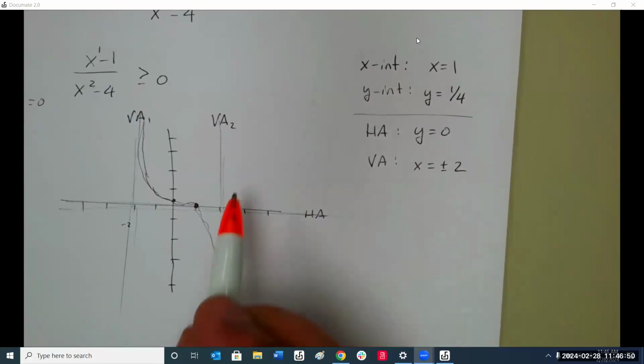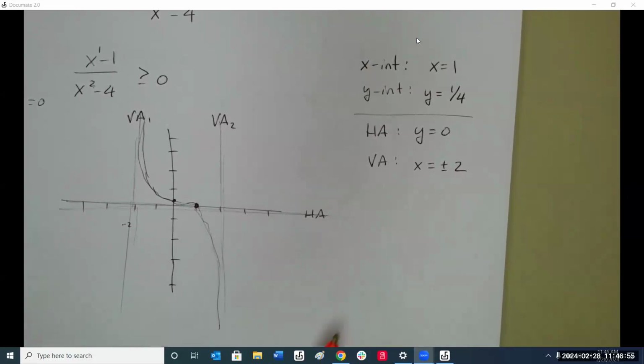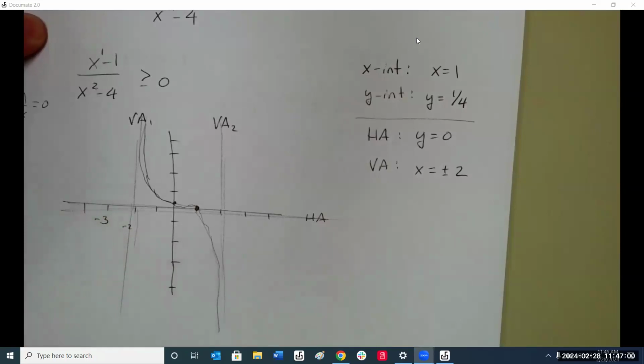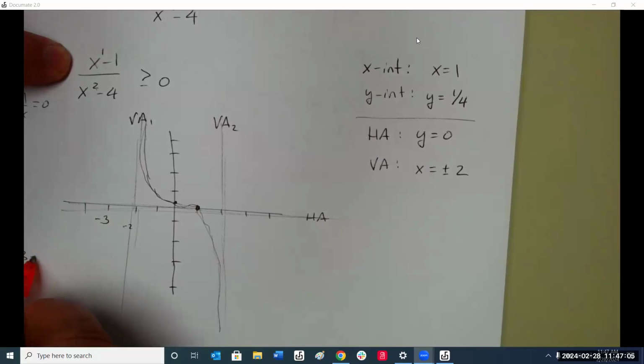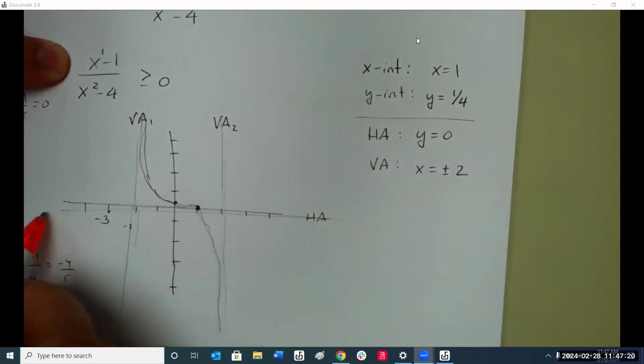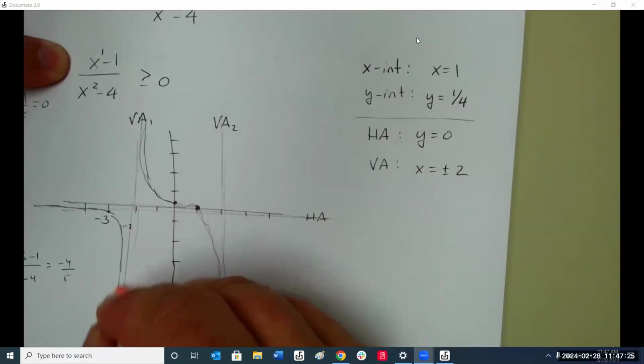Now, the only part we have to look at is whether it is above or below the x-axis here. Let's look at a point. When x is -3, we have -3 minus 1 over -3 squared minus 4. So 9 minus 4 is 5, -4/5. So this side will look like this.